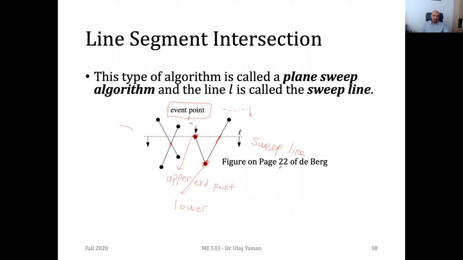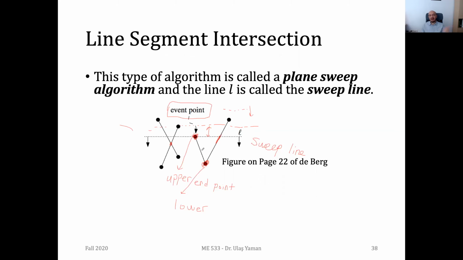Yes, we don't actually do any computation in between. For instance, assume that this is another level for the sweep line. In between these 2 event points, we don't need to do any computation. We will go into details, but you can keep in mind that the event points are the critical ones, and we need to stop at these event points, do some computation, and then continue with the next event point.